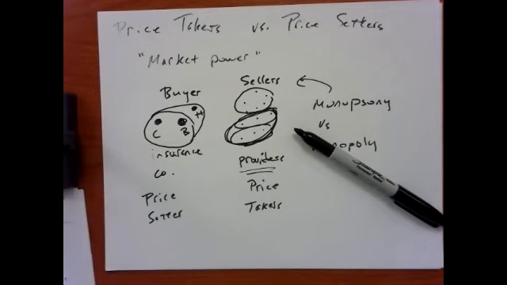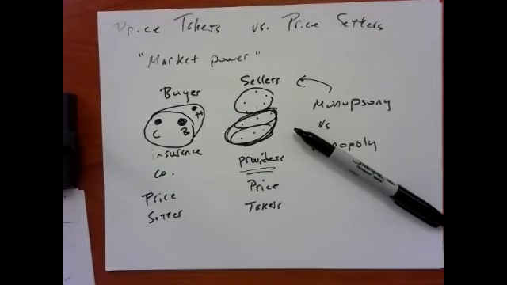And so market power really is the question: do you have market power? The way you figure that out is, are you a price taker, in the sense that if you are selling or buying, you just have to take whatever price is offered to you, or do you have negotiating power? Can you set the price that you're selling at?